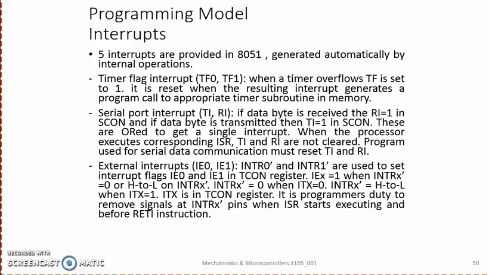IT is present in the timer control register. It is the programmer's duty to remove the signals at the INT bar pin when the ISR is executed, before the RETI instruction. The RETI instruction is used to come out of an interrupt service routine.